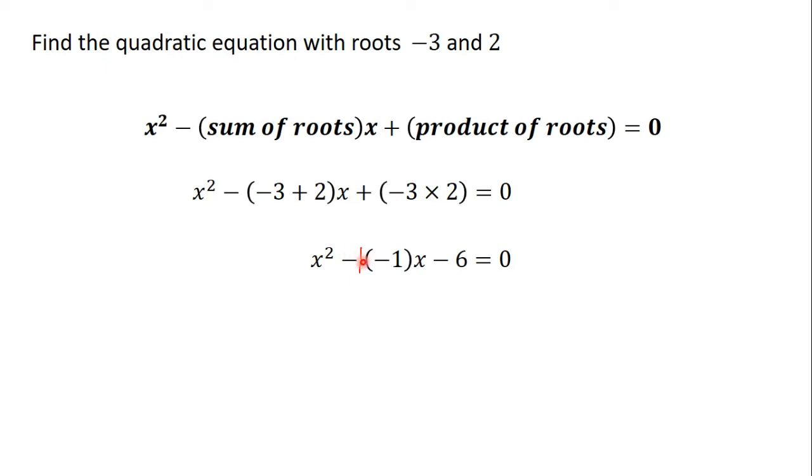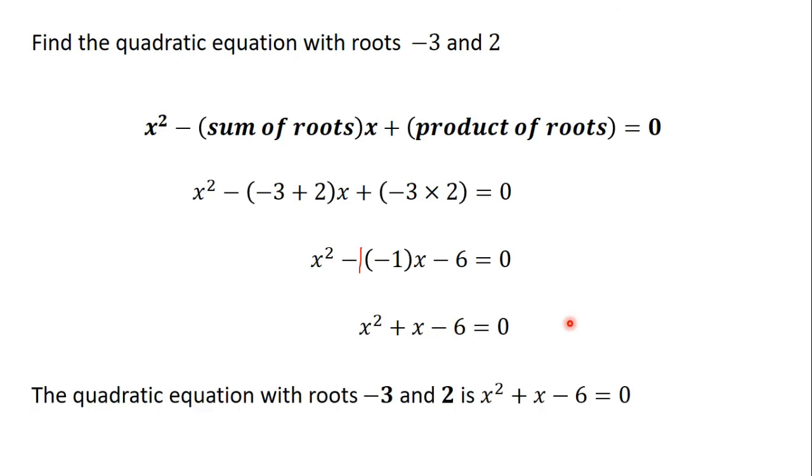Minus 1 times minus 1x will give us positive 1. So you have x squared plus 1x minus 6 is equal to 0. 1x is the same as x. So this will give us x squared plus x minus 6 is equal to 0.